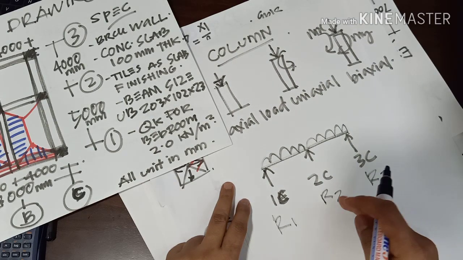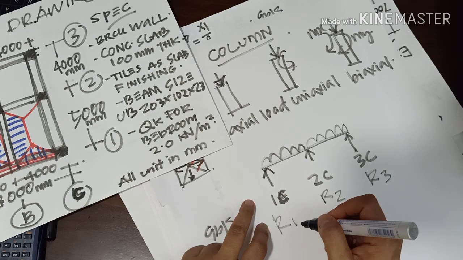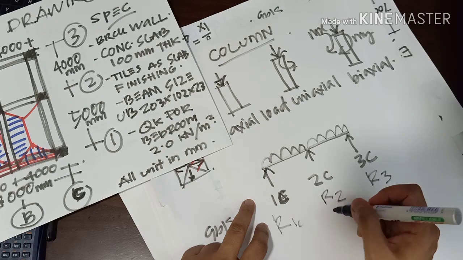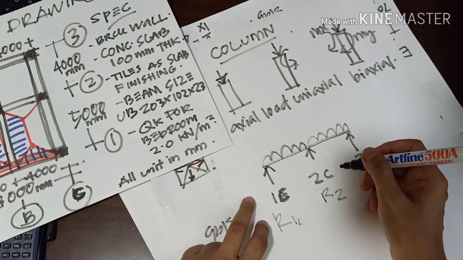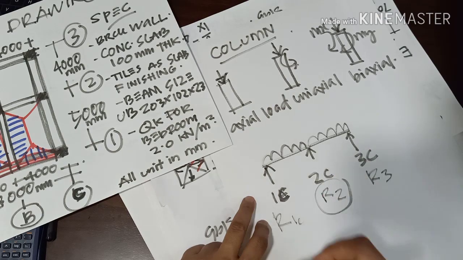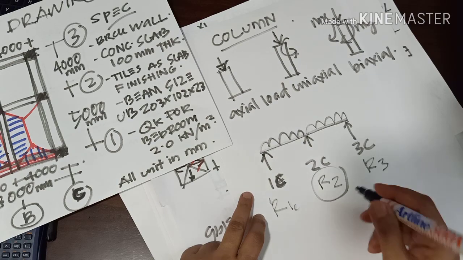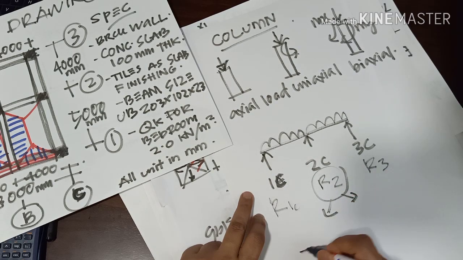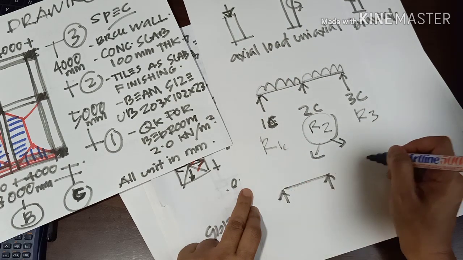So here you have R1C. Here you will have R2. R2 will be 2 groups, or we can divide it into a schematic diagram like this.